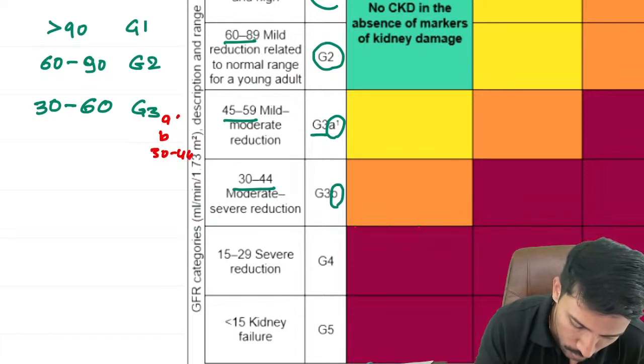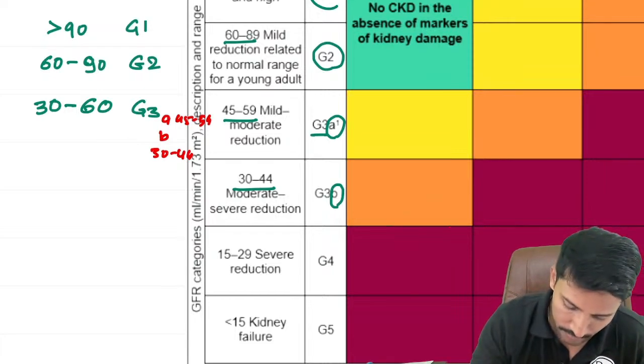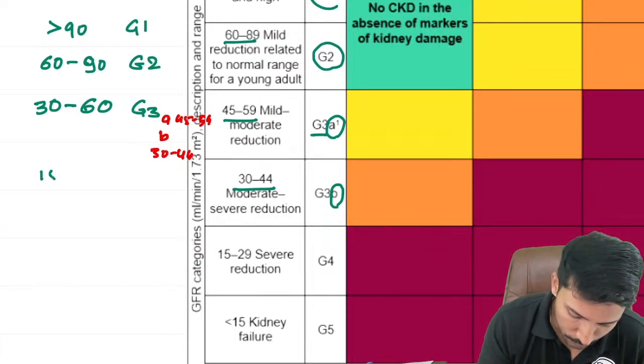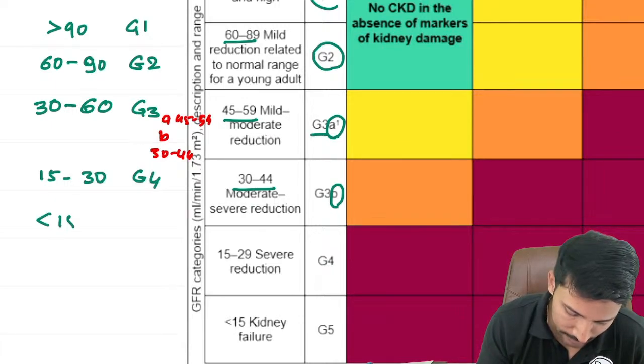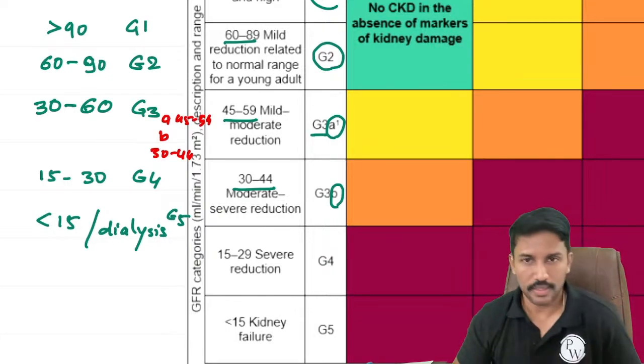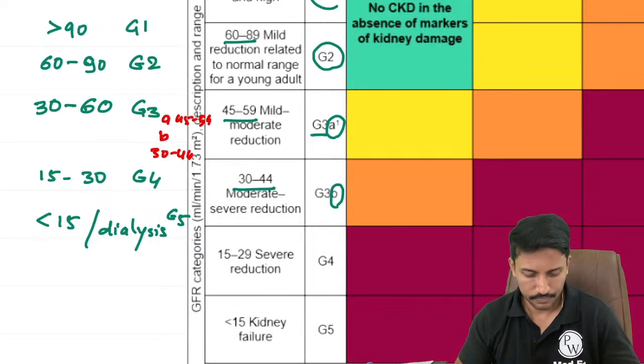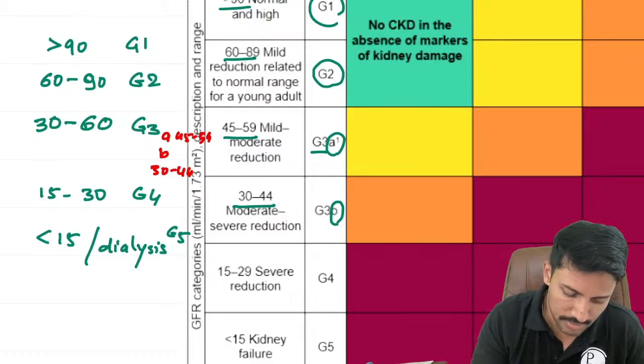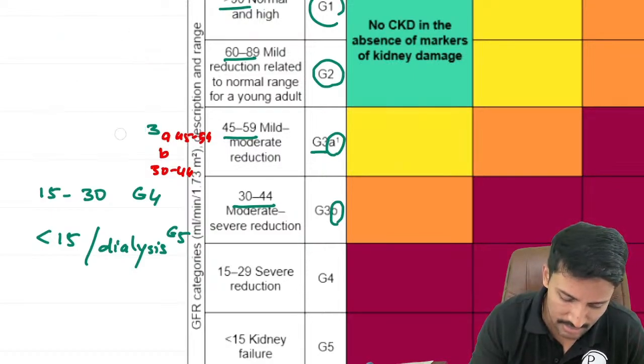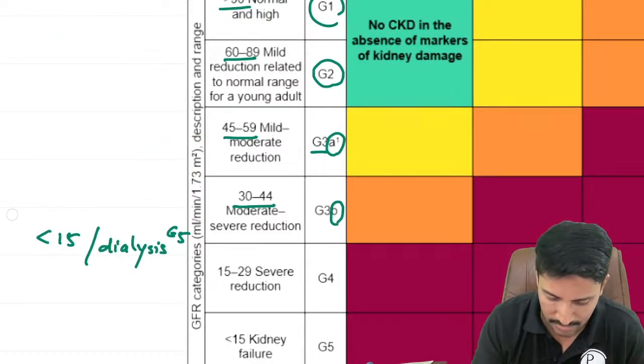Okay, and then when it is 15 to 30, we are going to call it G4, and less than 15 or anyone started on dialysis, we will call it G5. Clear? So try to remember these numbers. You don't have to precisely write like 45 to 59, 60 to 89.